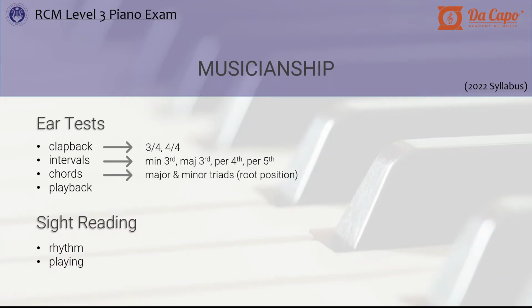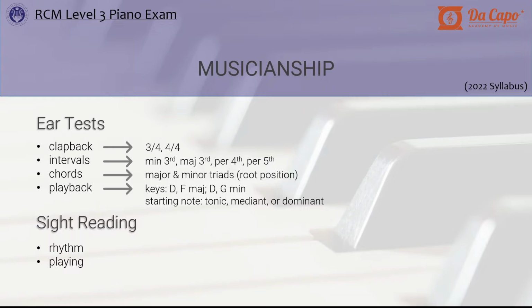And finally, for the playback, this is where you have to play back a melody that the examiner plays for you. The possible keys here are D or F major and D or G minor, and the starting note can be the tonic, the mediant, or the dominant. Remember, tonic is the first note, mediant is the third, and dominant is the fifth.